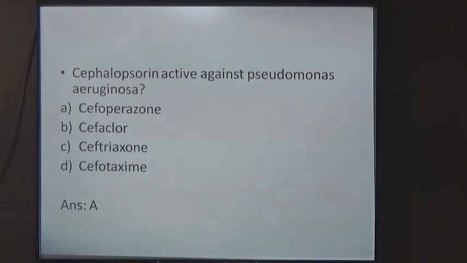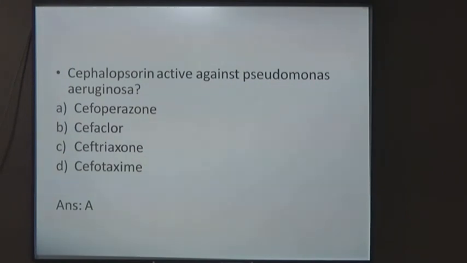Then among cephalosporins, what are the drugs effective against Pseudomonas aeruginosa? You should know the classification: first generation, second generation, third, fourth, fifth. Mostly the third and fourth, the higher generations, are effective. So if you know the classification, you can give the answer.